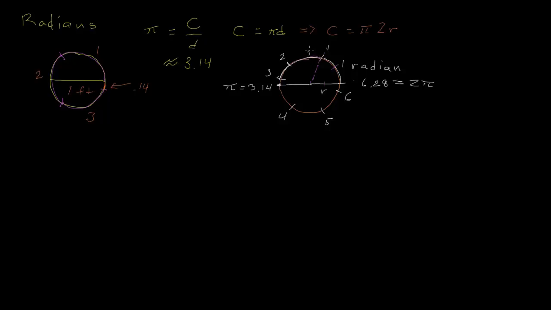Now at 90 degrees, that's half of pi, or let's say pi over 2, which is about 1.57.